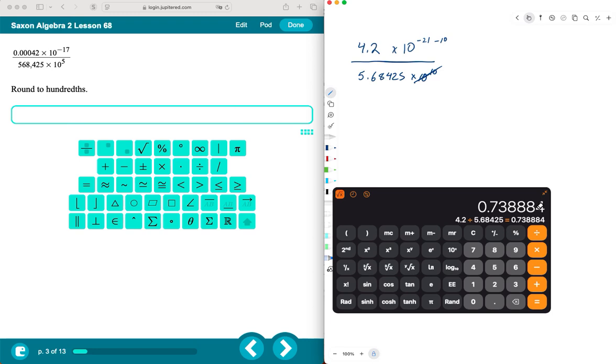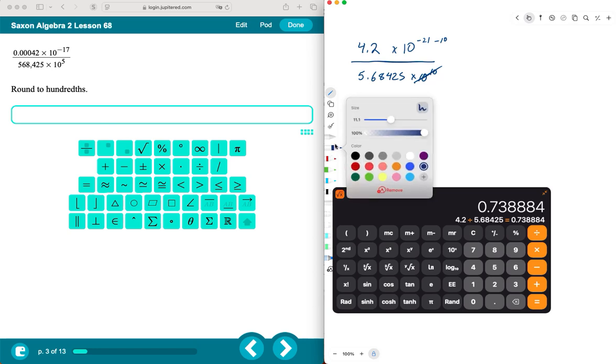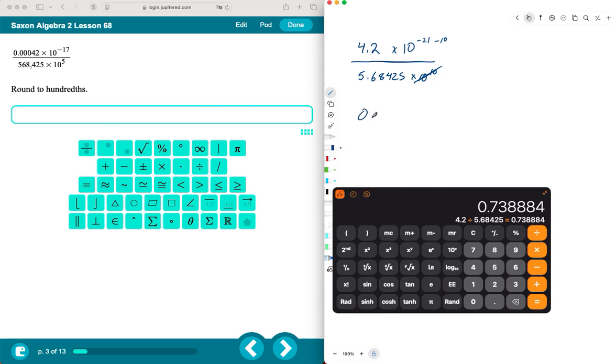If I rounded it to hundreds, that'd be 0.739. So let's do that. 0.739, 0.73. Let's just do 8884 times 10 to the negative 31.